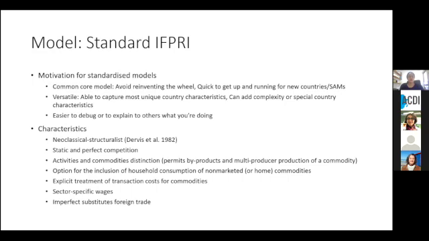There's an option for the inclusion of household consumption of non-marketed commodities. There's the explicit treatment of transaction costs for commodities. There are specific wages and also imperfect substitutes on foreign trade.